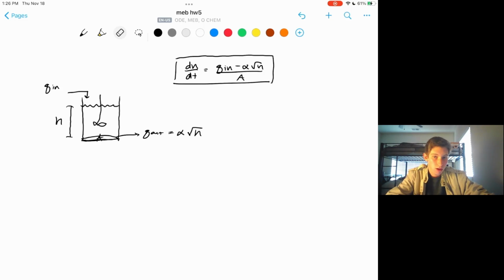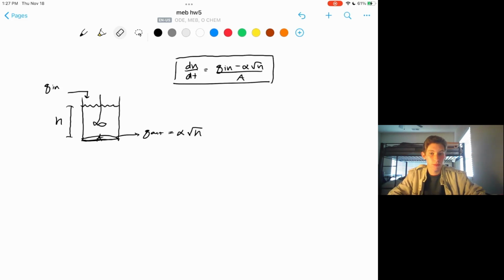Okay, so now we're looking at the same tank. However, we want to look at the relationship between the water level and the concentration of a solute that's being mixed in this reactor.